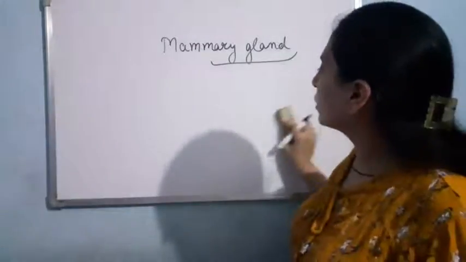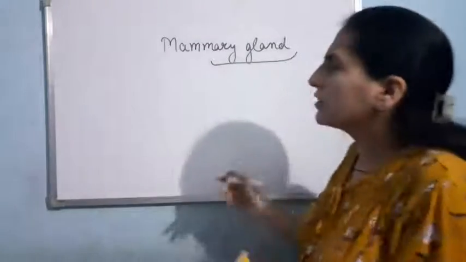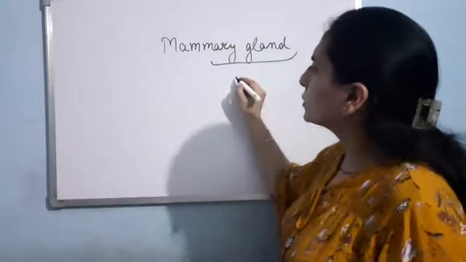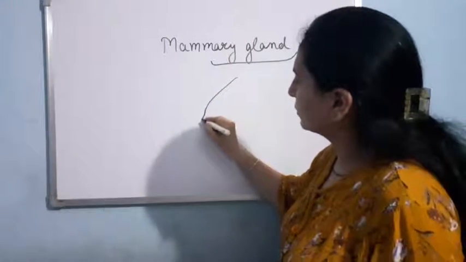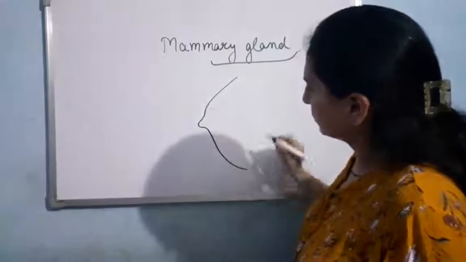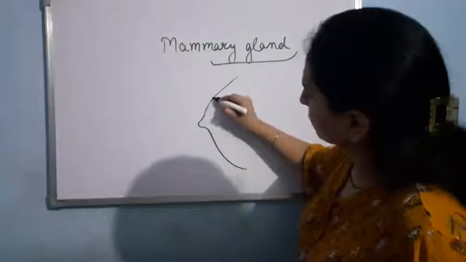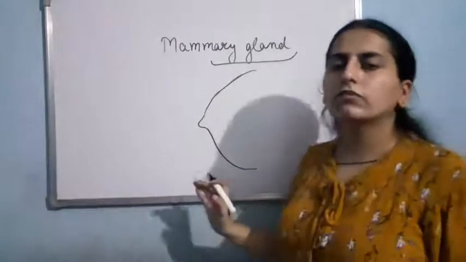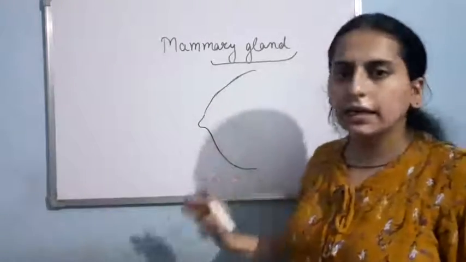Now, its function is to secrete milk for the infant. If I talk about its structure, this is a cross-sectional view of the female mammary gland.